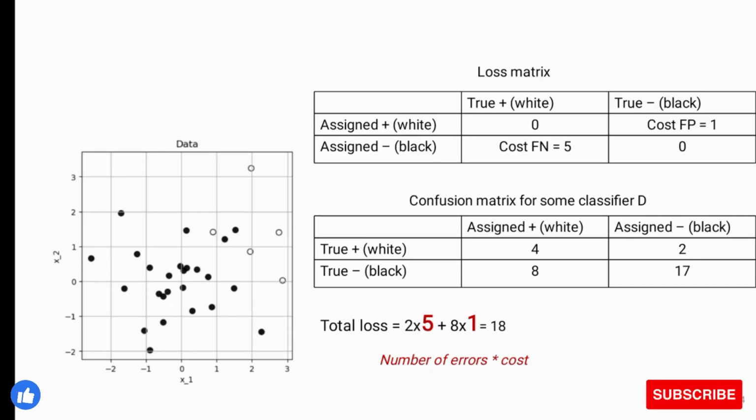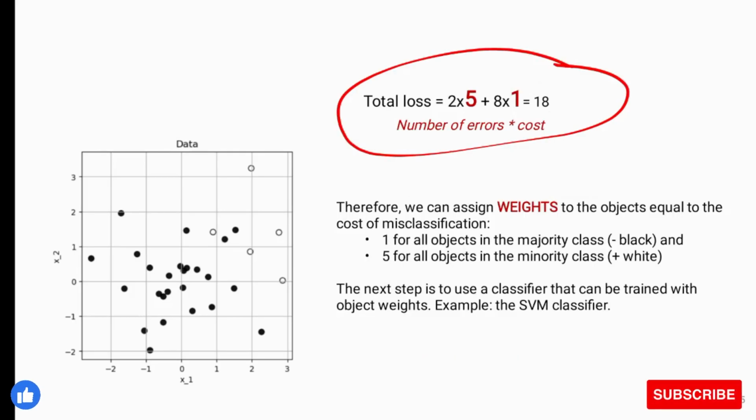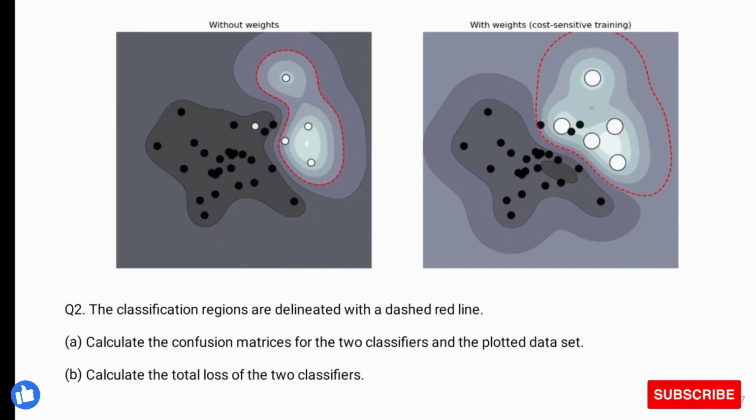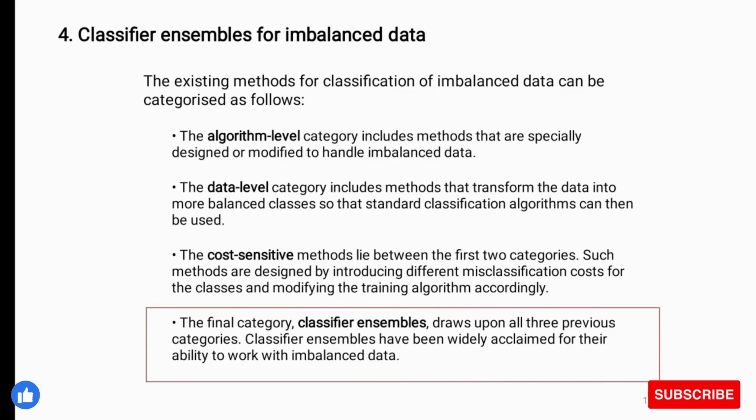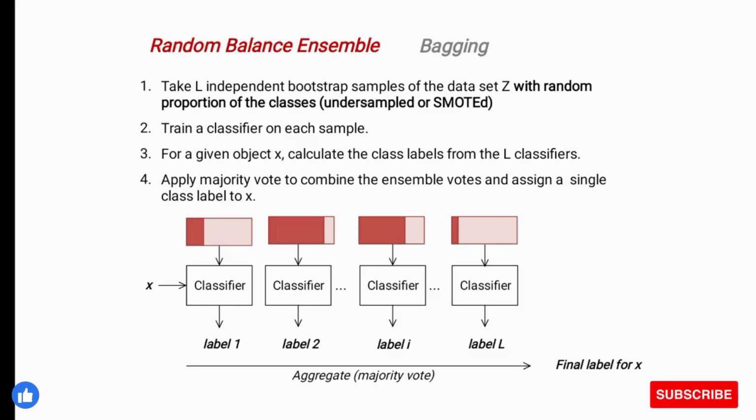Okay. Right, so let's go back to the final portion, classifier ensembles for imbalanced data. Random balance ensembles is based on bagging that we've already seen.